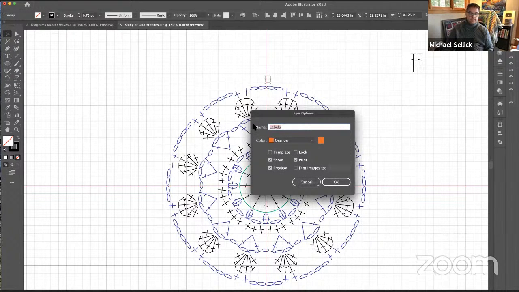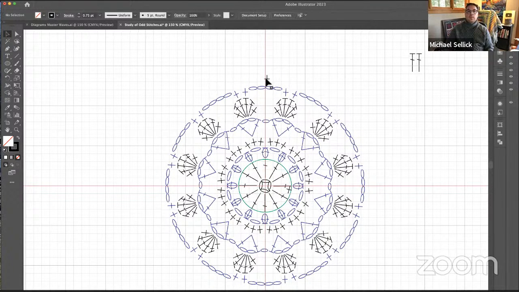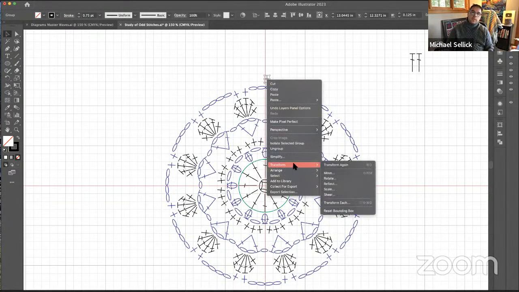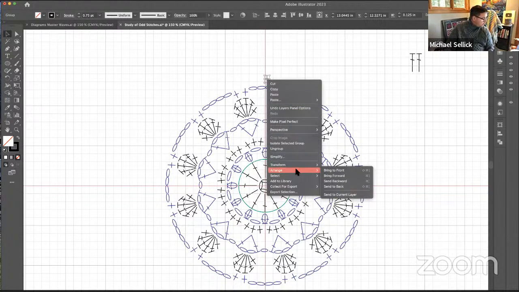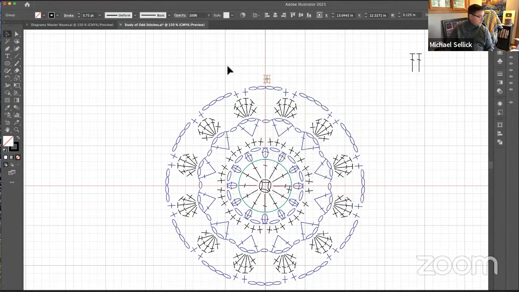And we need round 7. I also need some trebles.